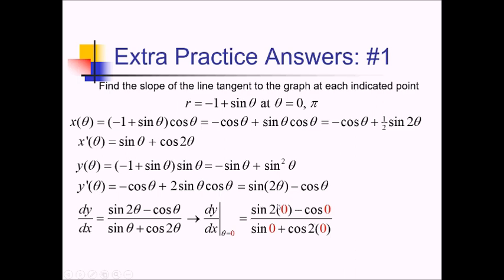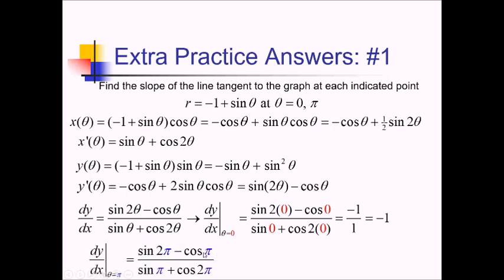Sine of 0 is just going to end up being 0. Cosine of 0 is 1, so this is -1 up top. Down here, sine of 0 is 0. This is essentially cosine of 0, which is 1. So we end up with -1 over 1, which is just going to be -1. And now we're plugging in pi.